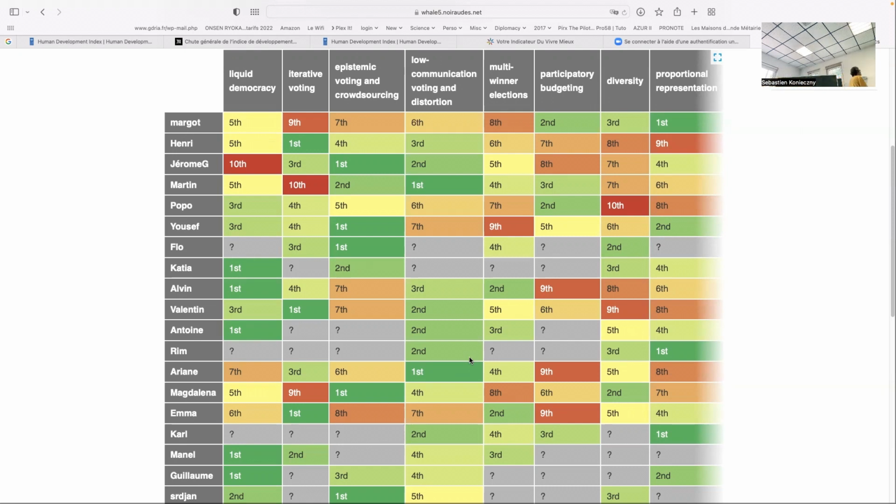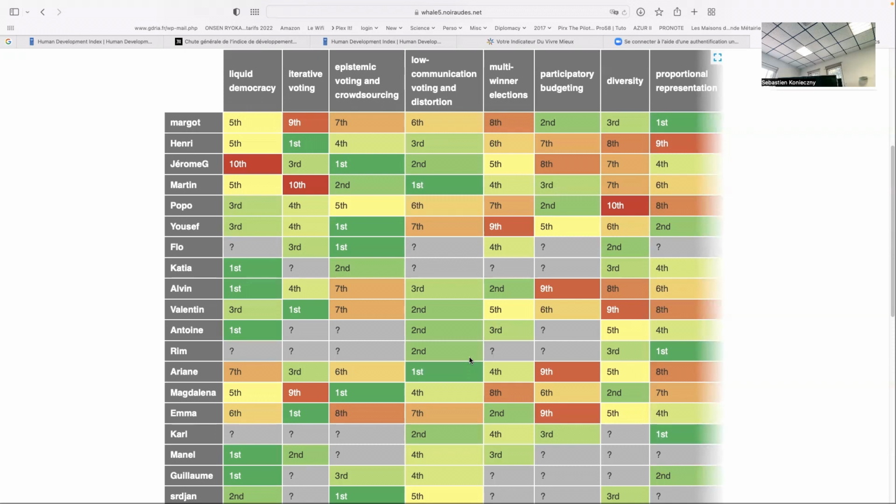If we had to choose only 2 topics, then the best Borda scores would not correspond to Chamberlain-Courant and greedy Chamberlain-Courant. The best 2 would be liquid democracy and low communication voting and distortion. But if we do Chamberlain-Courant or greedy Chamberlain-Courant, it's liquid democracy and iterative voting. So that's interesting. But if we take 3, then they coincide.